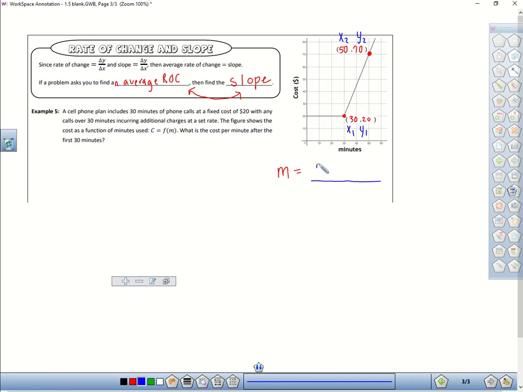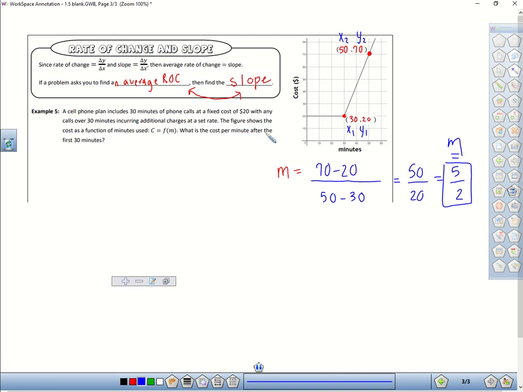So I have y2 minus y1 over x2 minus x1, and that's going to be equal to 50 over 20, which reduces if I divide the numerator and denominator by 10. That's going to reduce to 5/2, also known as 2.5, and that's my m.